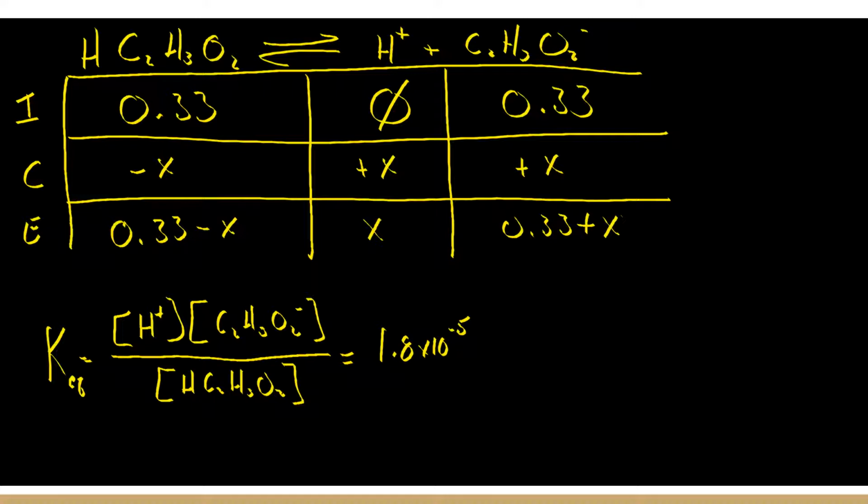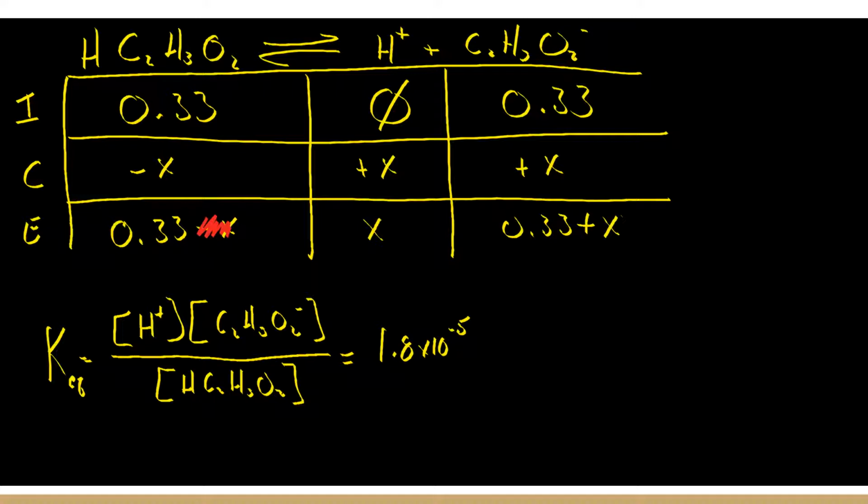This is where it would be really helpful to have awesome algebra intuition, but I'm going to go ahead and tell you that yes, you can make x negligible. 0.33 is a pretty big number relative to 1.8 times 10 to the negative fifth. So you're going to have to multiply by a very small number in order to get 0.33 down to 1.8 times 10 to the negative fifth. Okay, so x is going to be a very small number.